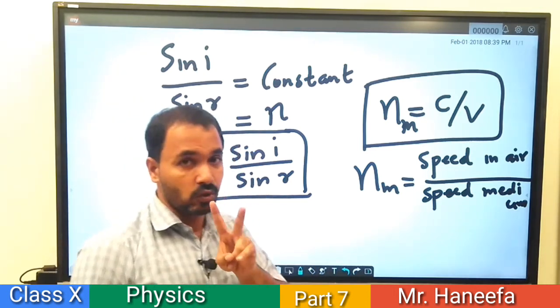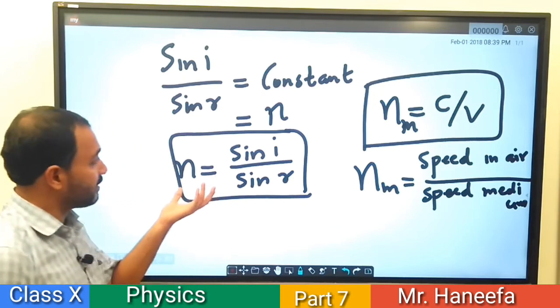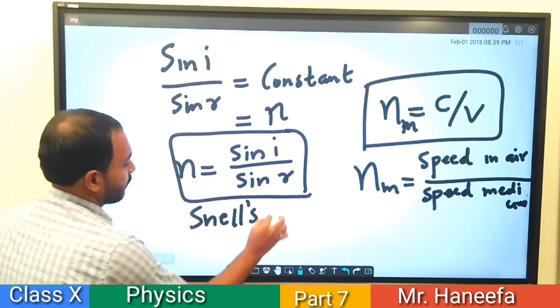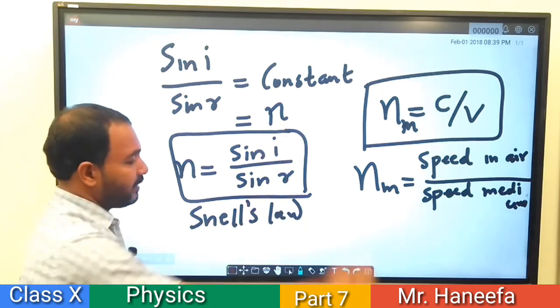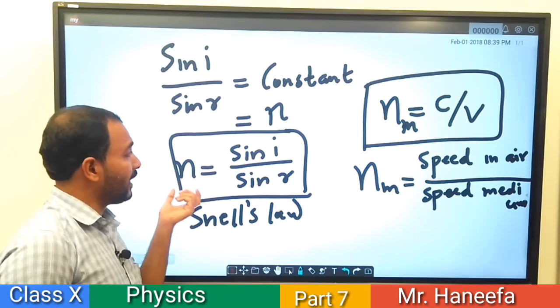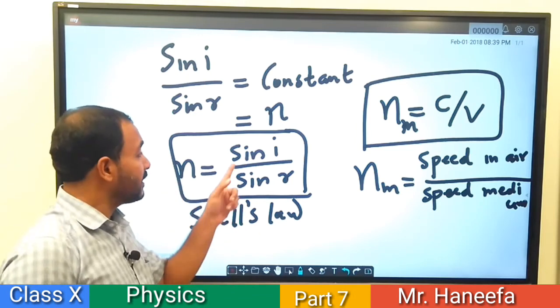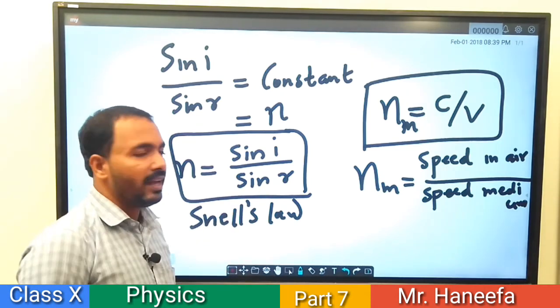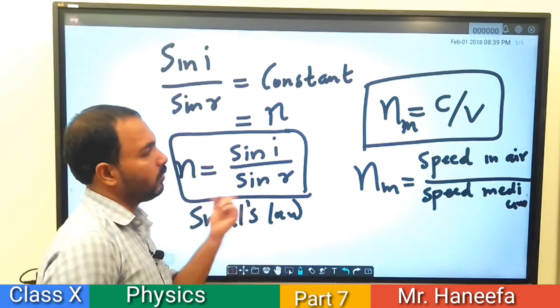So we discussed two equations. One is Snell's law. What is Snell's law? Snell's law means refractive index is equal to the sine of the angle of incidence to the sine of the angle of refraction. This is one equation.